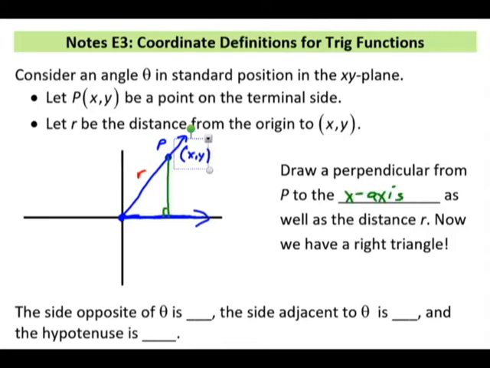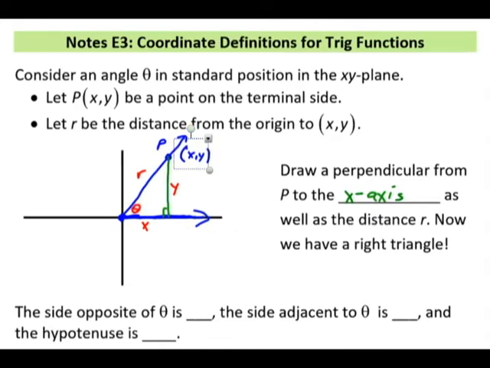And we've written in the distance R. We have a right triangle whose sides are now the x-coordinate of point P, the y-coordinate of point P, and R, the distance to point P. We'll label the angle theta, so we have a reference point.